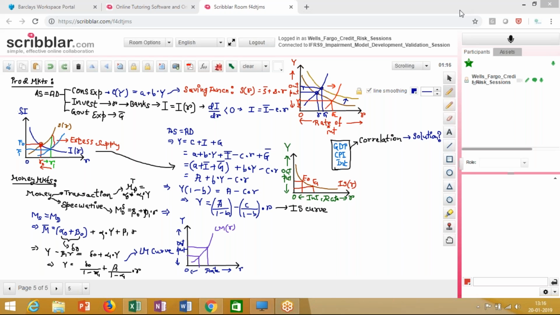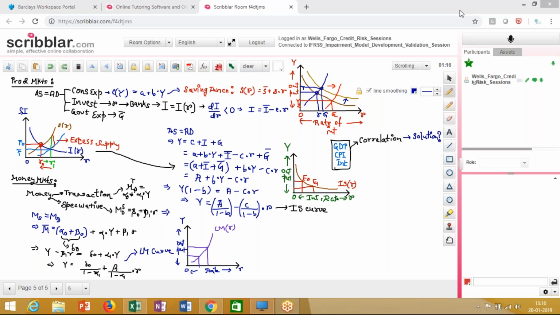Now, when you are incorporating a macroeconomic variable into the PD model, I need to understand which is the appropriate lag that I need to put for the macroeconomic variable. Which lag of the macroeconomic variable would explain the default rates the best? So the problem is not only a single problem. Correlation is only one of the problems.